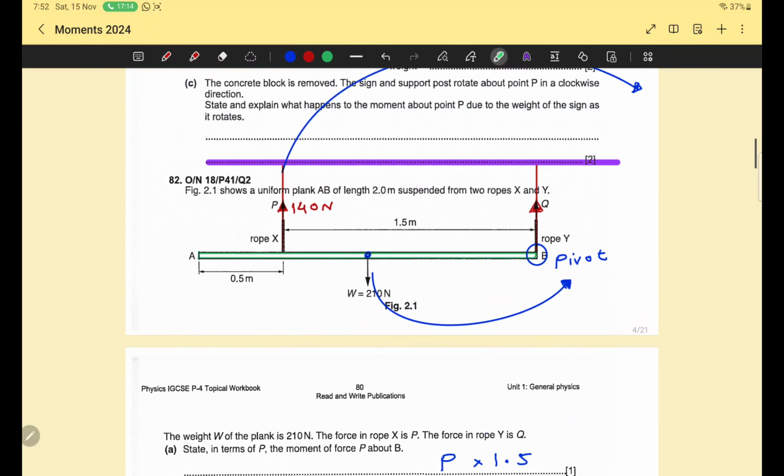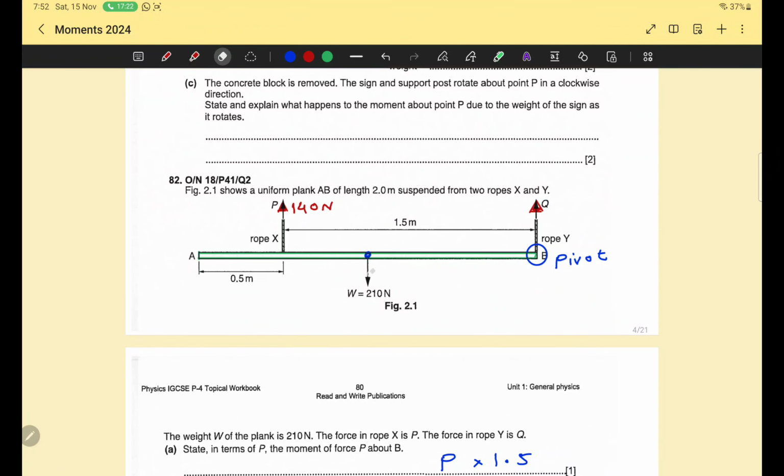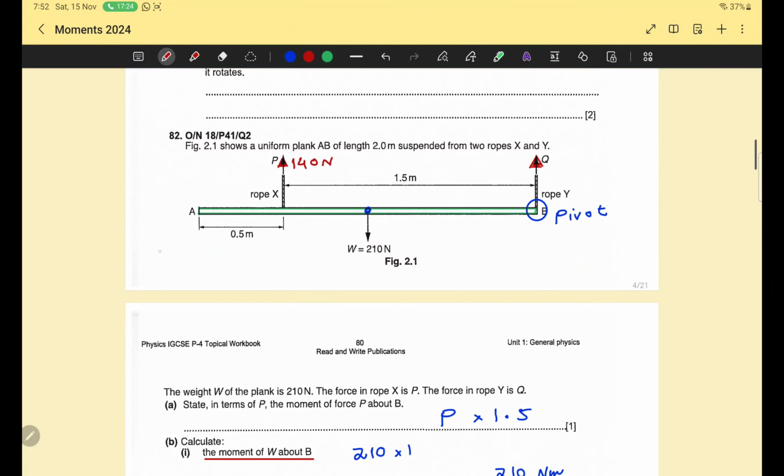Sir, force Q we can calculate by using the first condition of equilibrium. So what is the first condition of equilibrium? Upward forces equal to downward forces. Upward force is P plus Q. Downward force is 210, the only force acting downward.